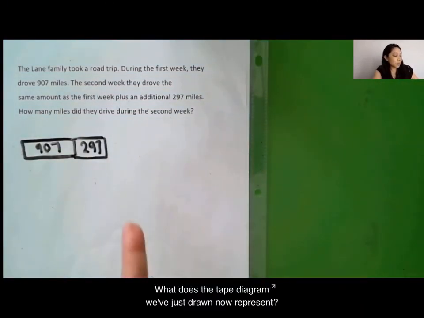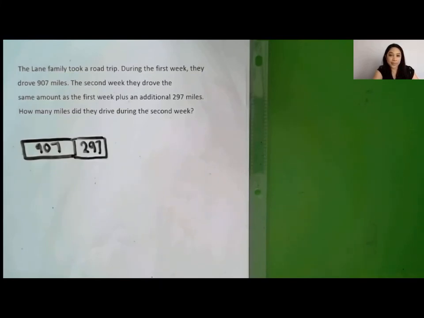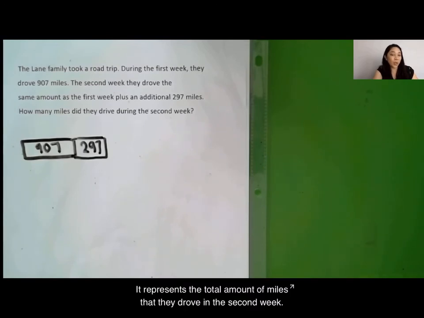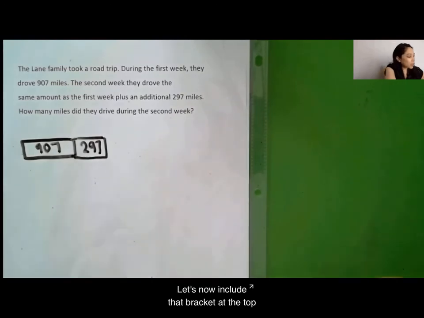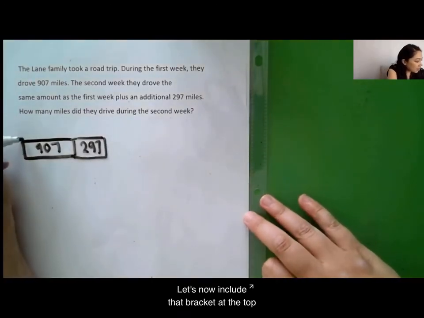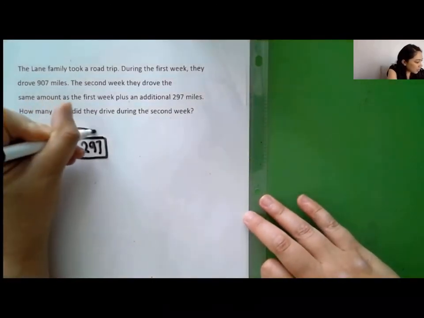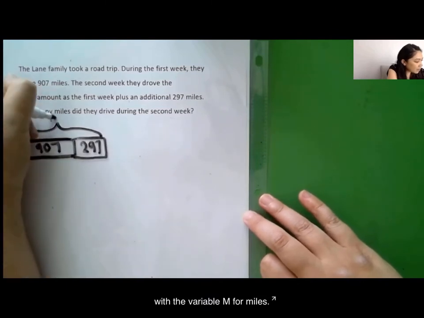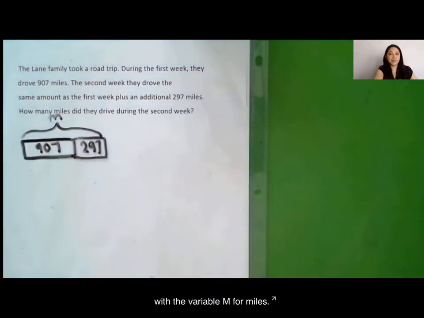What does the tape diagram we've just drawn now represent? It represents the total amount of miles that they drove in the second week. Let's now include that bracket at the top with the variable m for miles.